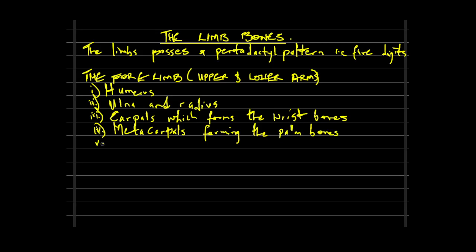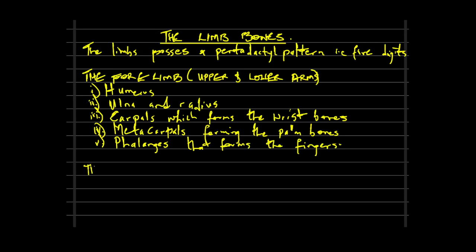Lastly we have the phalanges, which form the fingers. So that is what we have for the upper limb.